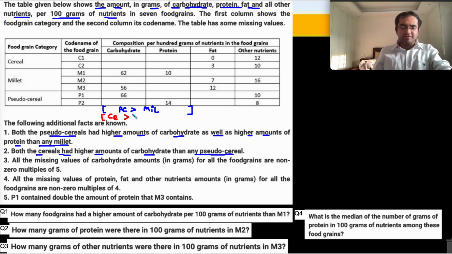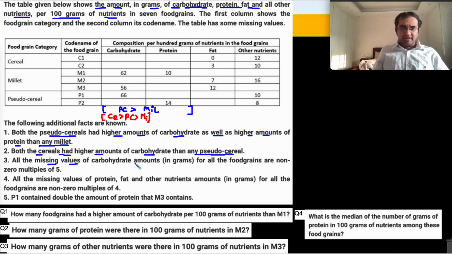But this is only about carbohydrates. Cereal is more than pseudo cereal is more than millet. MI stands for millet, so I've written it only in the category of carbohydrates, whereas in carbohydrate and protein, pseudo cereal is more than the millet.